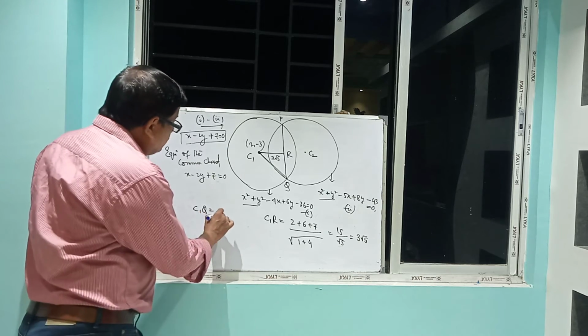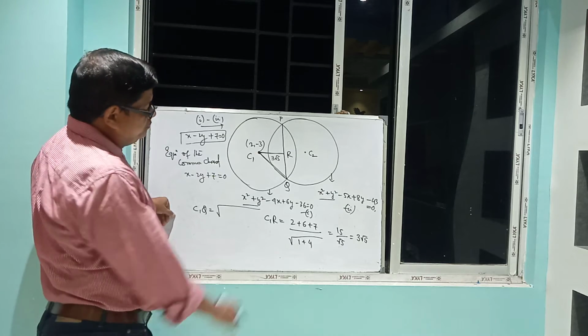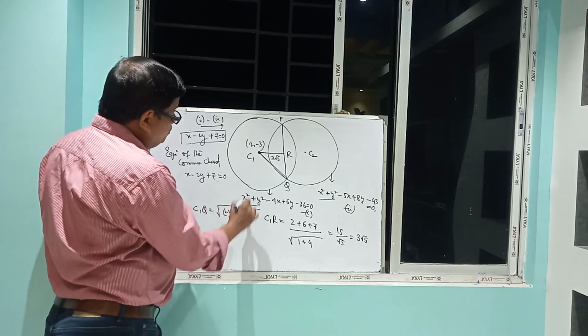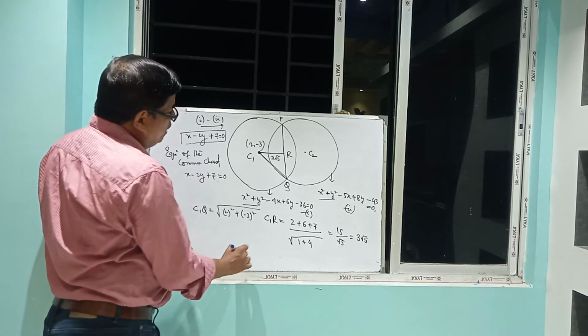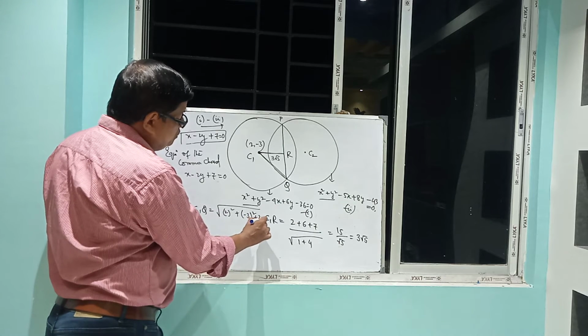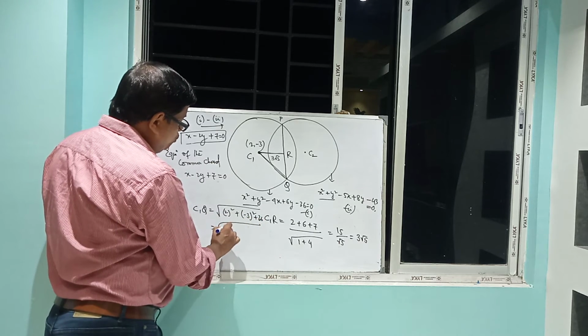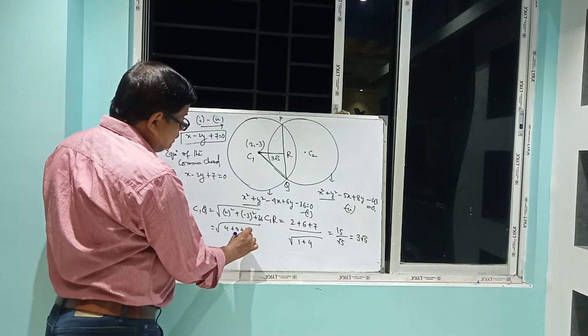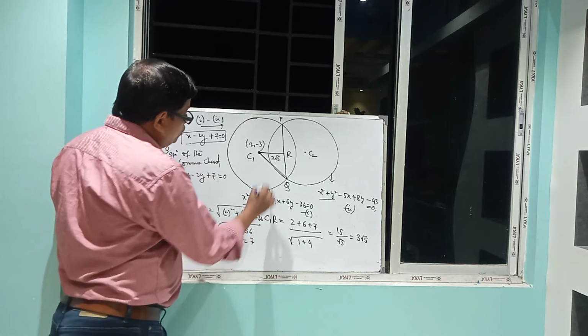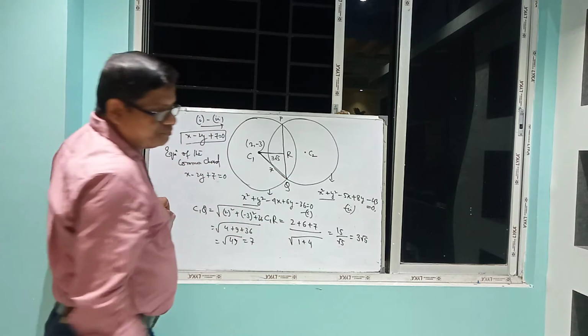Here g is 2, whole square, plus minus 3 whole square, minus c, that is minus 36, so it will be plus 36 now. So 4 plus 9 plus 36 is root 49, equal to 7. So this part will be 7.